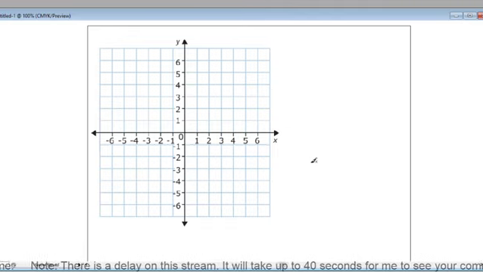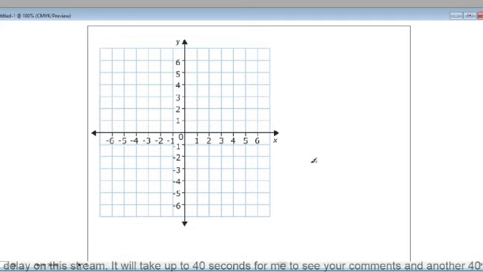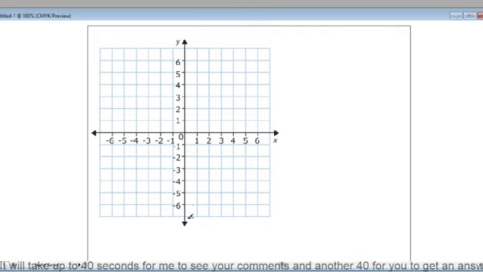So this is an example of one right here. What we can see on this is that we have a number line going this way, horizontally, and then another number line going vertically.